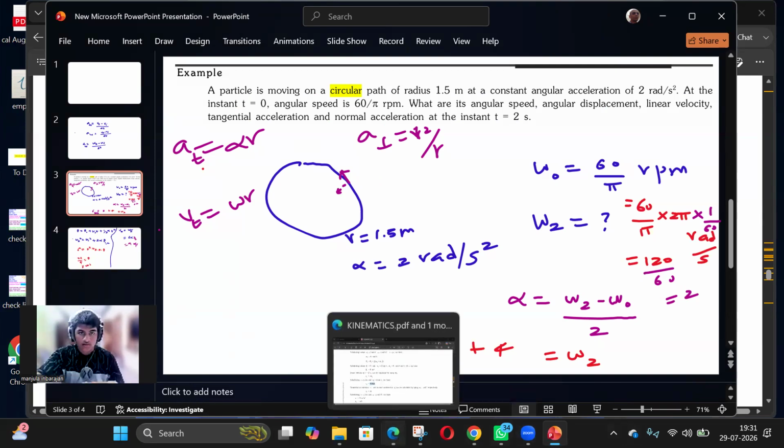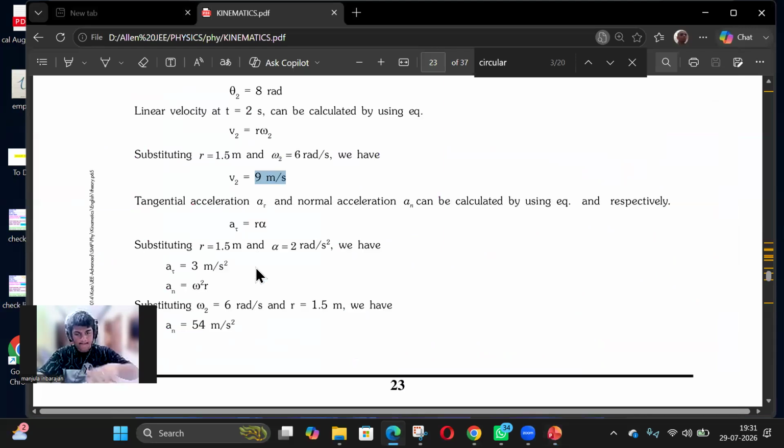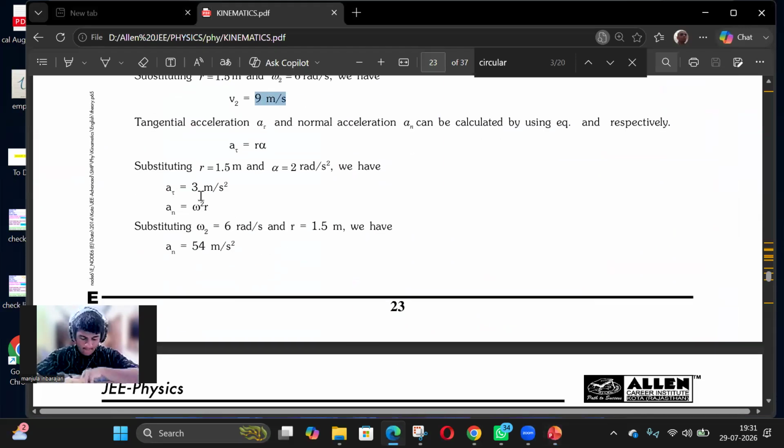Tangential acceleration is 3. And normal acceleration is v square by r, which is same as omega square r. Omega 2 is 6 radians per second and r is 1.5.